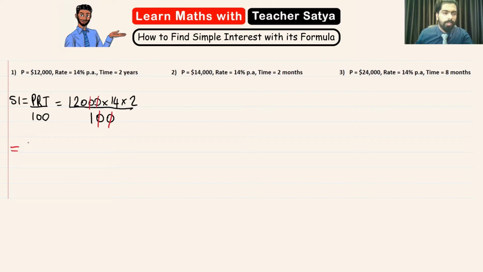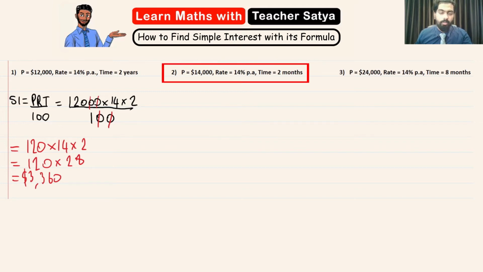So now what we have left is 120 times 14 times 2, which is equal to 120 multiplied by 28. And 120 times 28, if we use the calculator, should give us $3,360. So the simple interest for the first question is $3,360. Now let's go ahead and solve one more question.